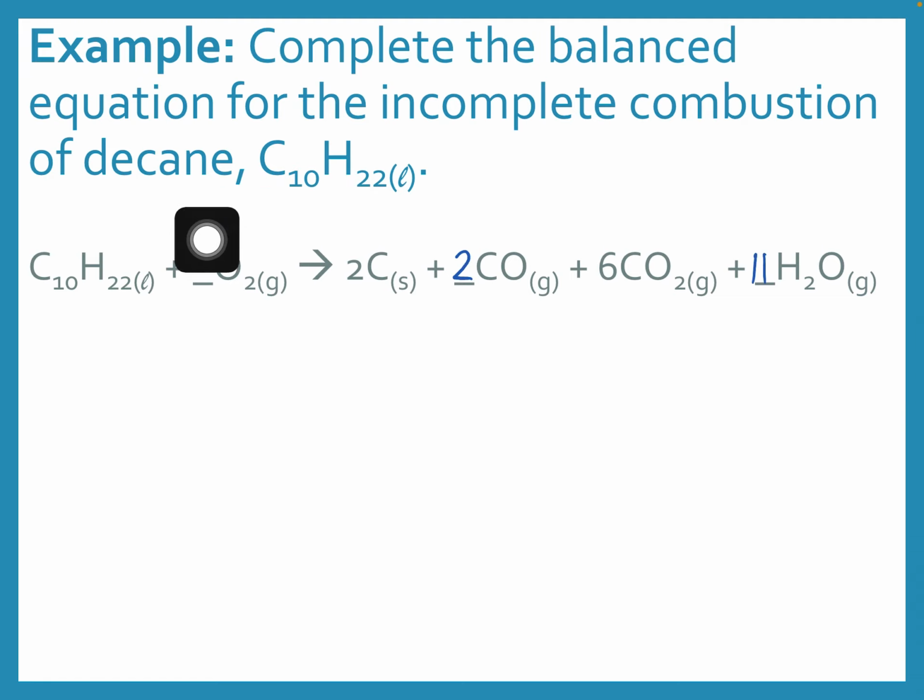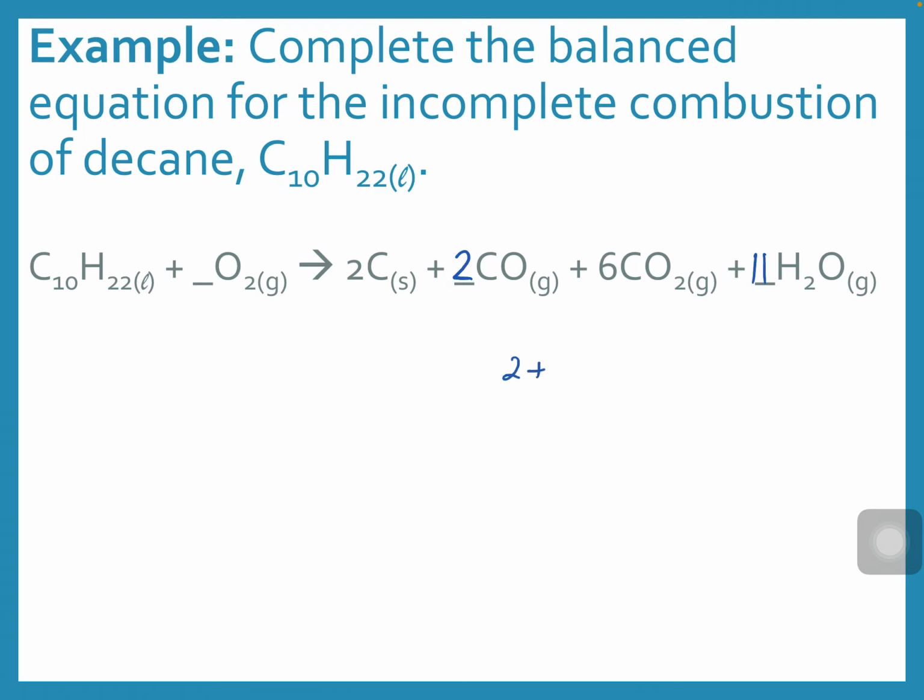And then to balance my oxygens on this side, I have 2, 12, and 11. So 2 and 12 is 14, 14 and 11, so I have 25 oxygens there.